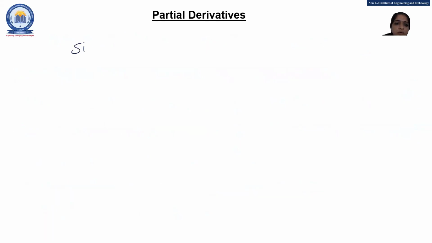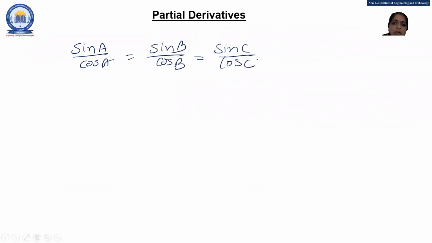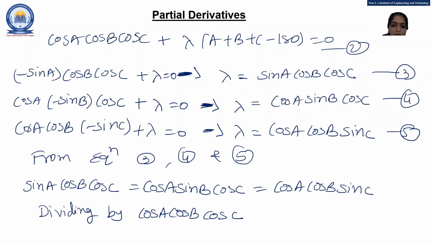In the second term, sin B upon cos B, as cos A and cos C cancel out, and in the third, sin C upon cos C, as cos A and cos B cancel out.